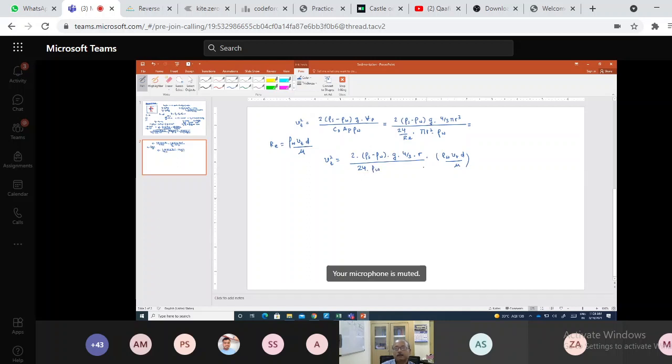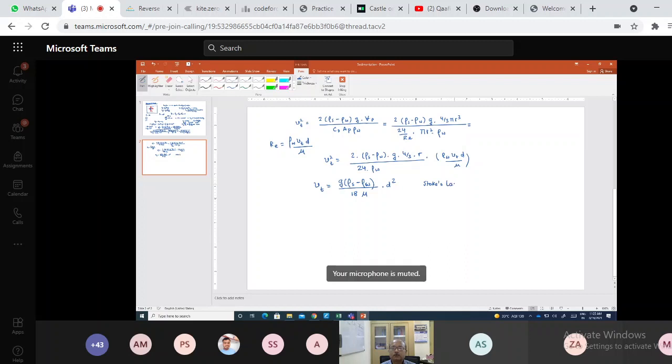So now if you do a little math, what you get is the value of Vt will be G into (rho S minus rho W) divided by 18 mu, into d square, okay, and this is known as Stokes law.